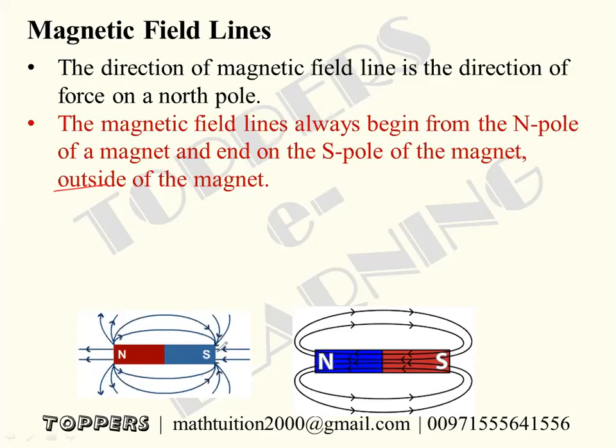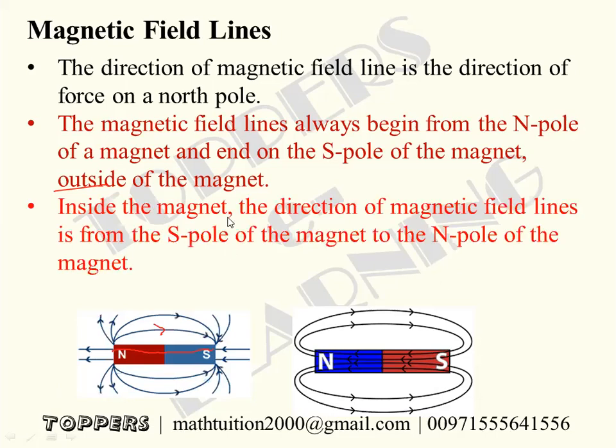Inside, it is from south to north. Outside it is north to south direction, but inside it is from south to north. So all over it is a closed curve. Inside the magnet, the direction of magnetic field lines is from the south pole of the magnet to the north pole of the magnet.